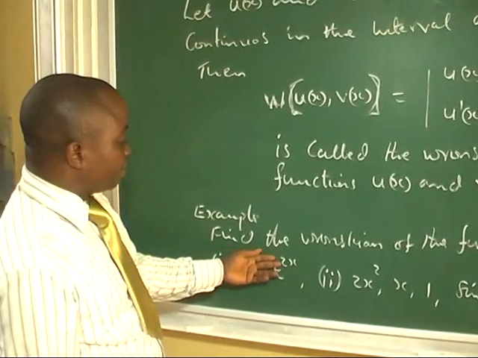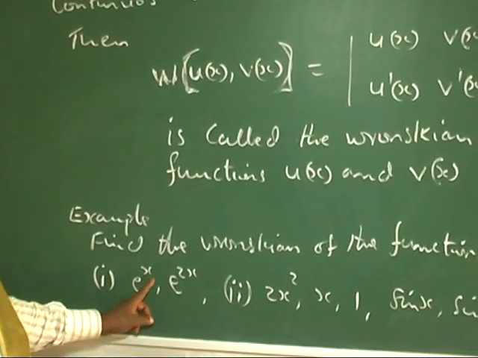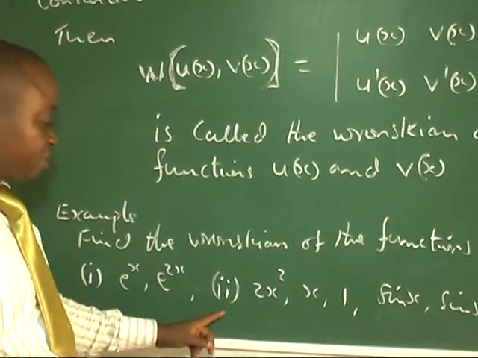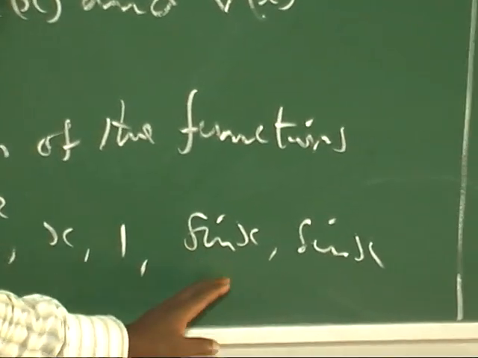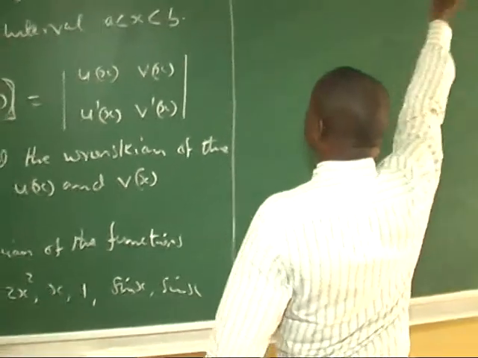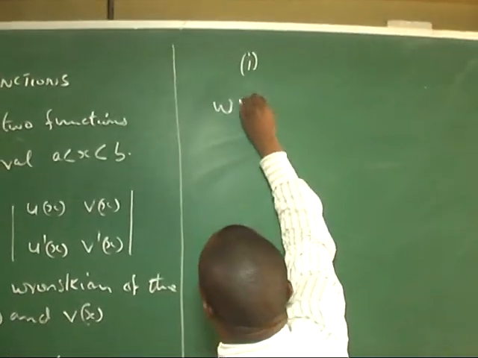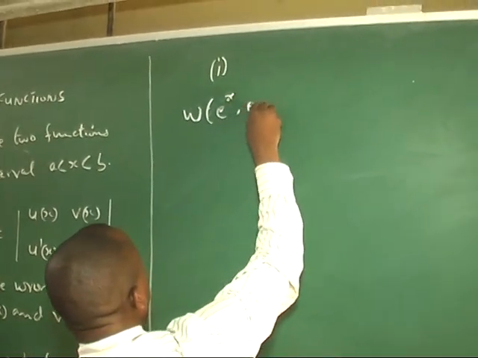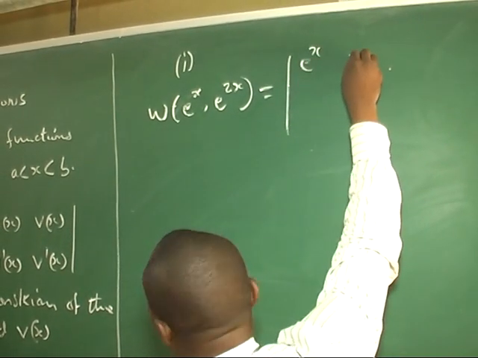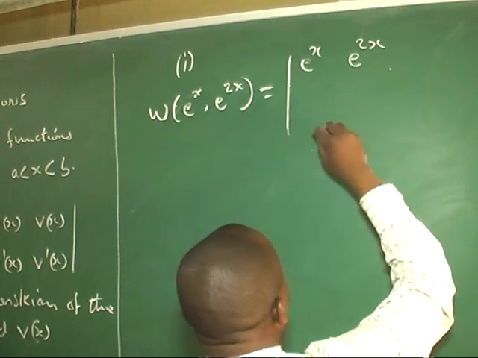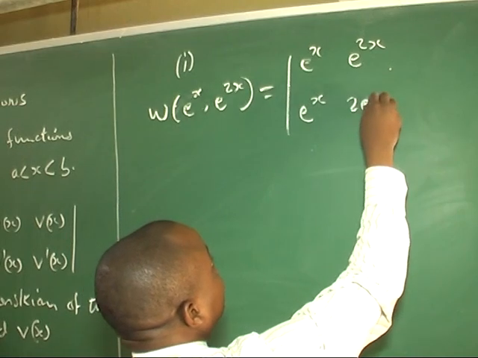So let's look at an example of how we can apply the Wronskian. We are going to find the Wronskian of the functions. First, exponential x and exponential 2x. Second, 2x squared, x and 1. Third, sine x and sine x. For the first, the Wronskian of exponential x and exponential 2x is the determinant of exponential x, exponential 2x, and the derivatives, exponential x and 2 exponential 2x.